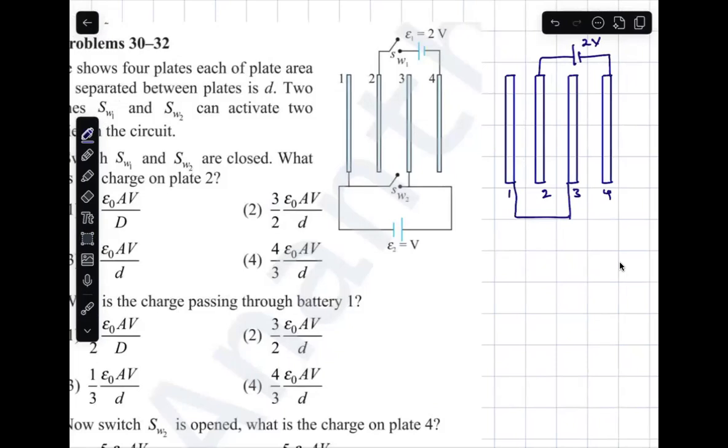Now the positive plate will become plate 2.